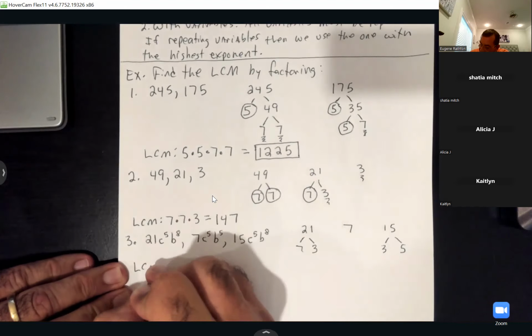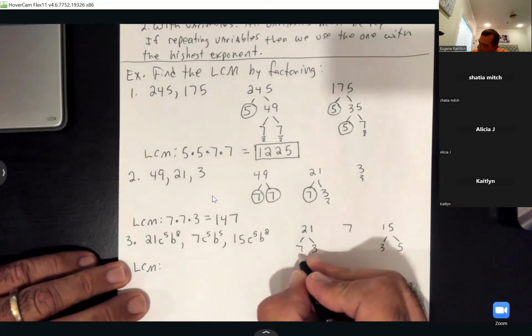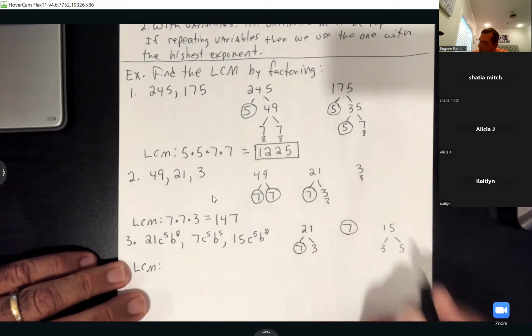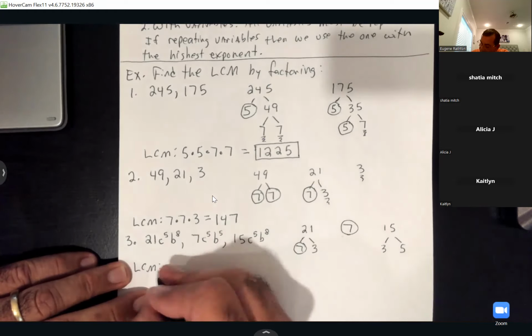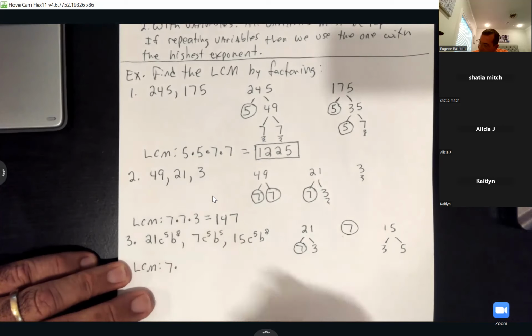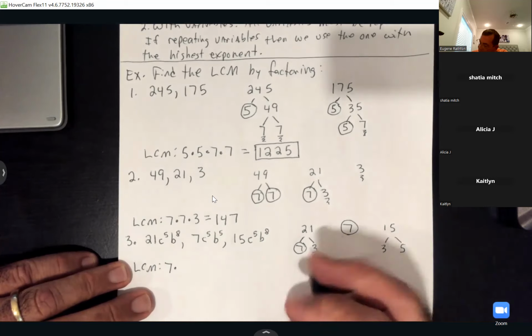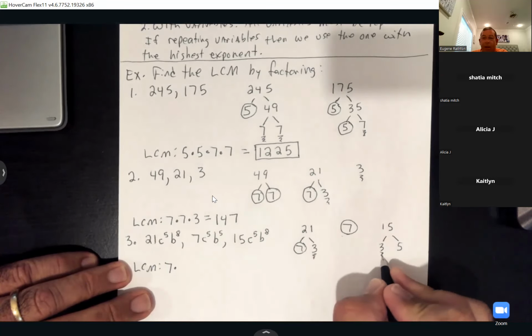So our least common multiple, first I'll start with the 7s. I got a 7 here, and then I got 1 7 here. But the most it happens in any of my 3 numbers is 1 time. So I'm going to bring down my 7. Then we'll do the 3s next. Of my threes, I got 1 3 here and 1 3 here.